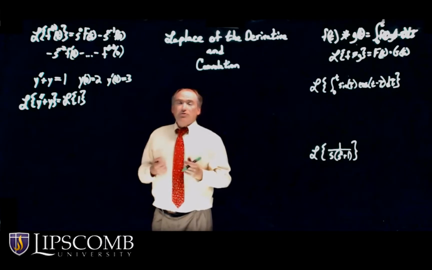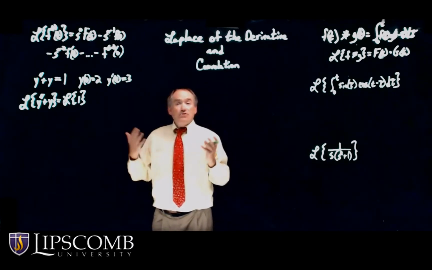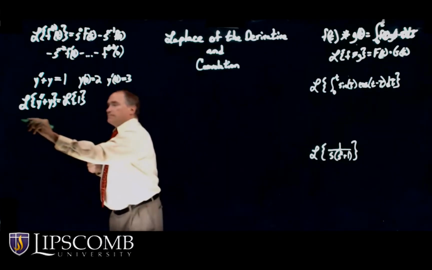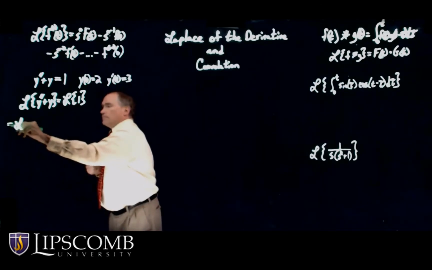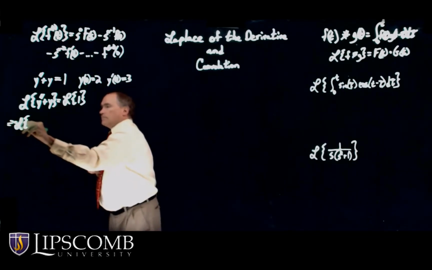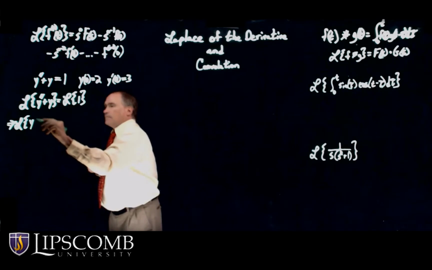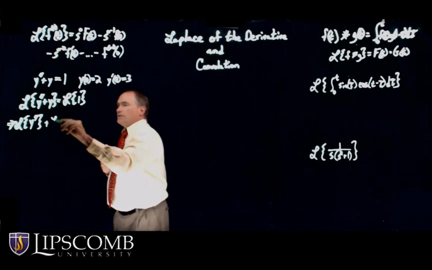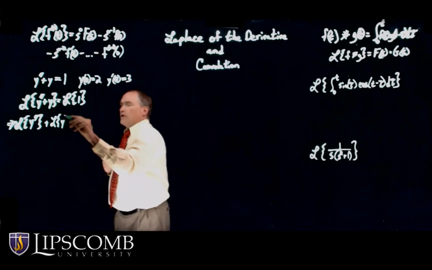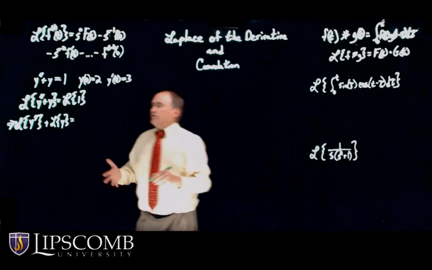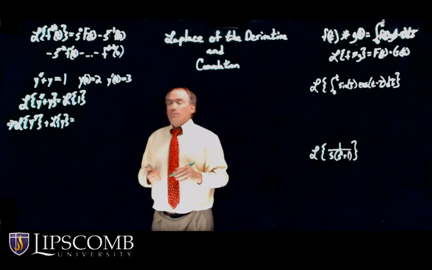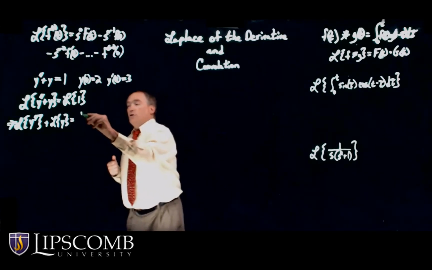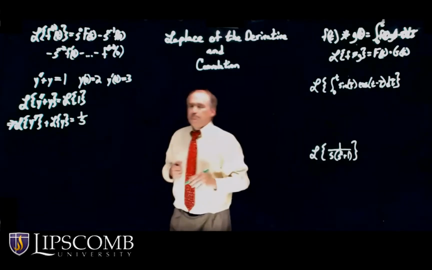Now we're going to use the fact that the Laplace of a sum is the sum of the Laplaces. So the Laplace of y double prime plus the Laplace of y equals, and if you don't mind, we'll go ahead and do the Laplace of 1, which we know is 1 over s.